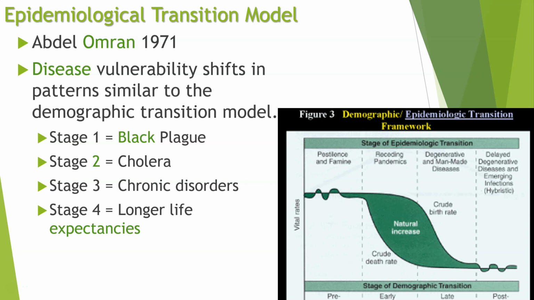Stage 2, we start to see a little bit more development. We do still have some more mass illnesses. Stage 3, as we're industrialized, we get more of the chronic disorders, things that might become more common as the population ages. And then stage 4, we continue to see that sort of the old people's diseases, arthritis and heart disease and things like that.